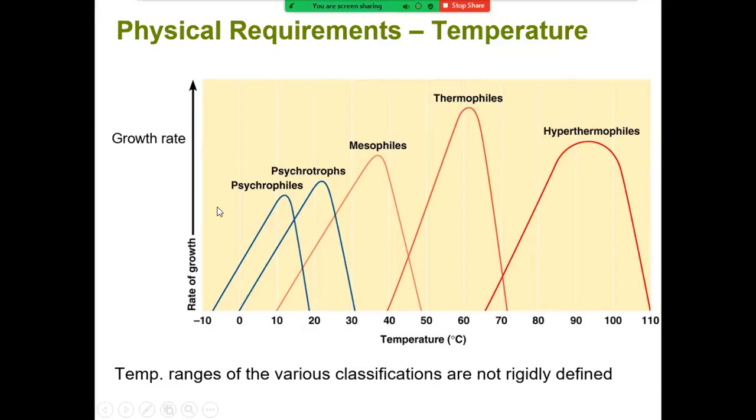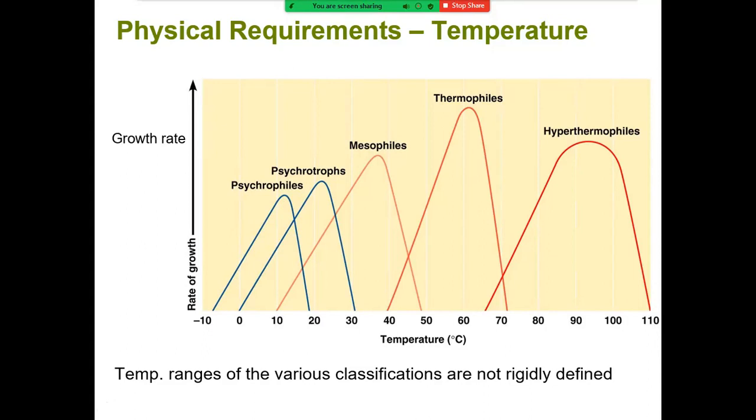We have psychrophiles, and they grow best around 10 degrees Celsius. This is the temperature of your refrigerator. And generally, they don't grow much, if anything, above 20 degrees Celsius. And then they also don't grow much, if at all, below minus 10 degrees Celsius.